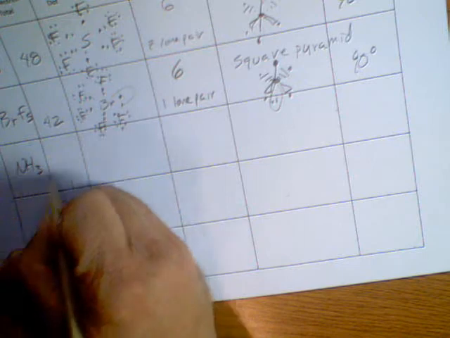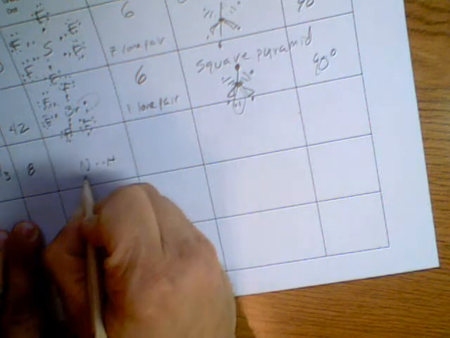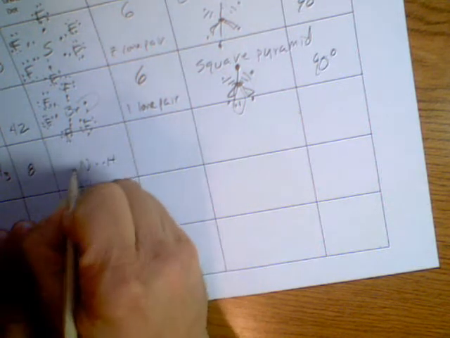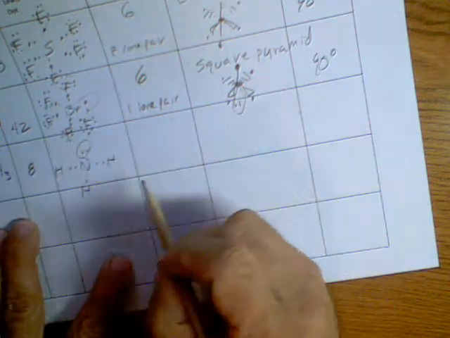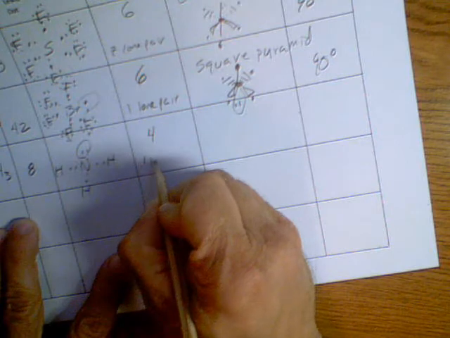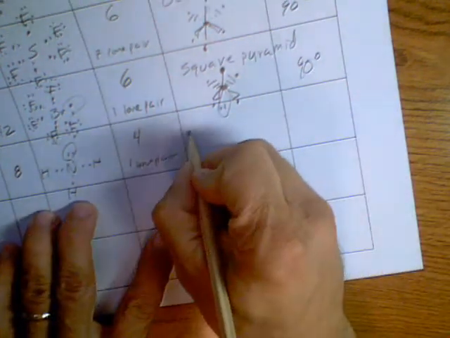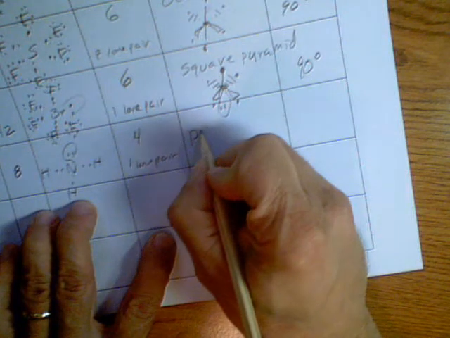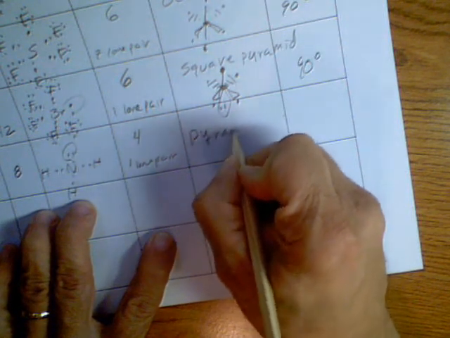NH3 is going to be a total of 8 electrons. We have N in the middle, and the hydrogens here, and then a lone pair of electrons here. So we have 3 bonds. Steric number is 4 with 1 lone pair, and we have a geometry which would be described as pyramidal.